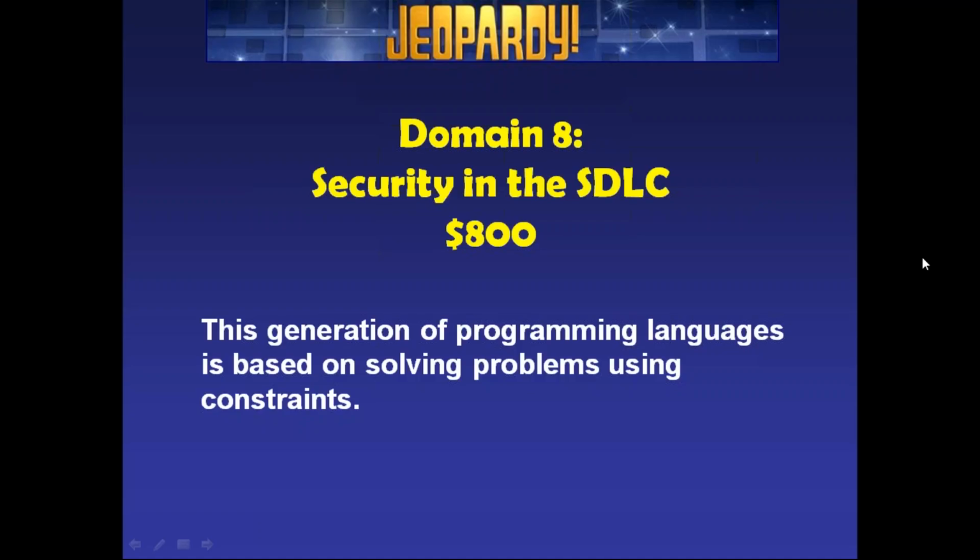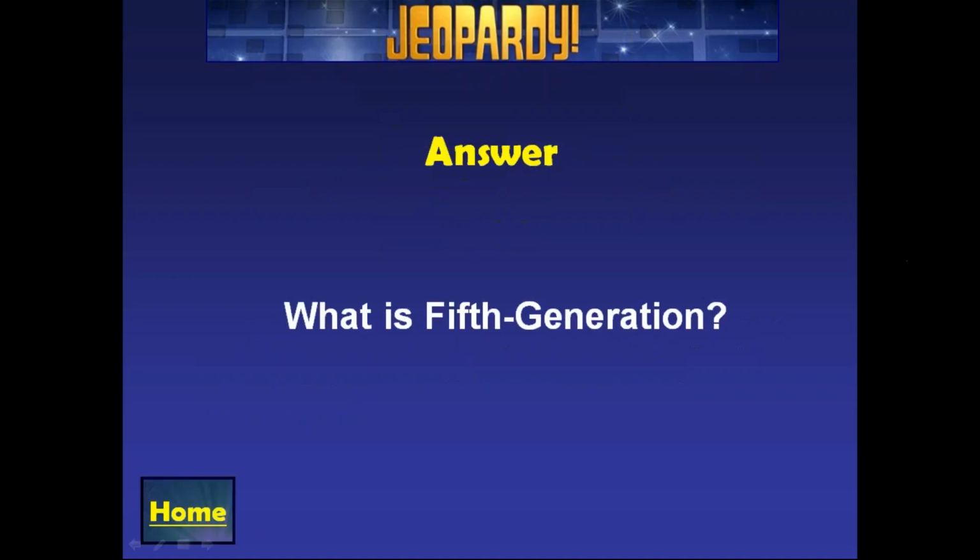First correct response is from Roger. What is 5th generation? We're talking about the different generations of software development, where we started out communicating with computers via switches and buttons, to having short human readable statements converted into machine language, to using object-oriented programming.